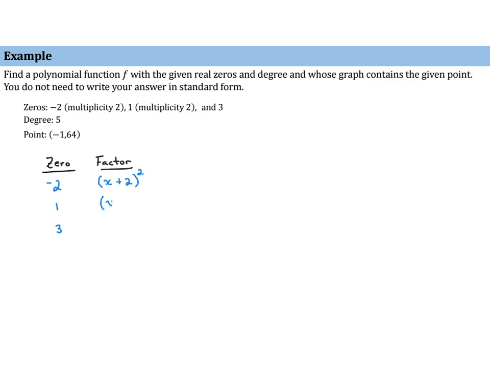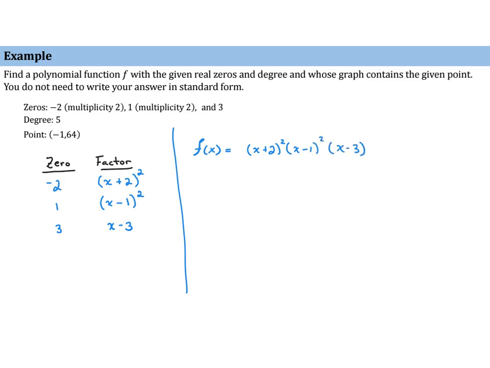Likewise, 1 has a corresponding factor of x minus 1. The multiplicity is 2, and then we have x minus 3, and now that means that our function is going to be f of x equals, I can multiply the factors together, x plus 2, quantity squared, x minus 1, quantity squared, times x minus 3.